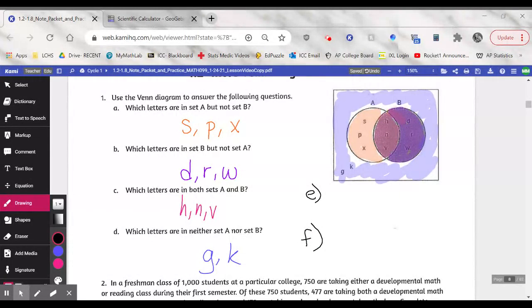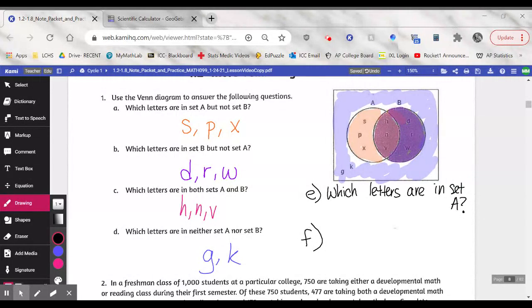So part E, I'm going to have you guys answer which letters are in set A. Now this one doesn't give any restrictions.